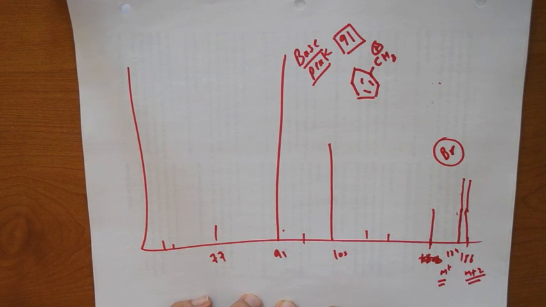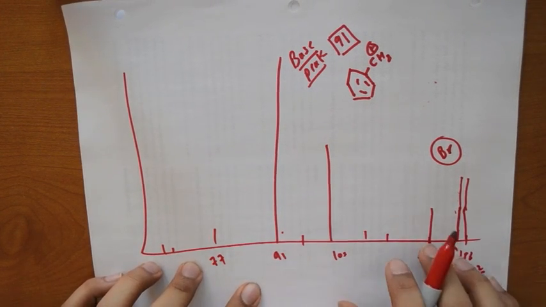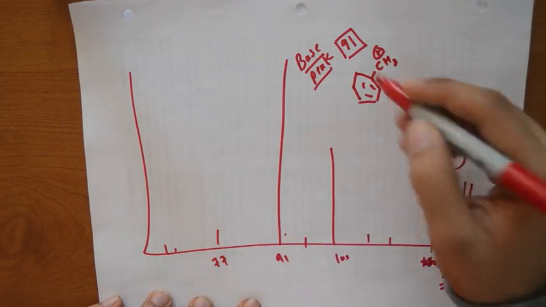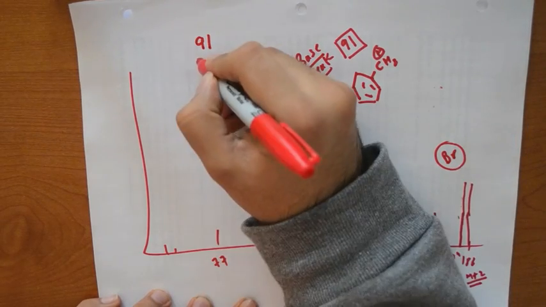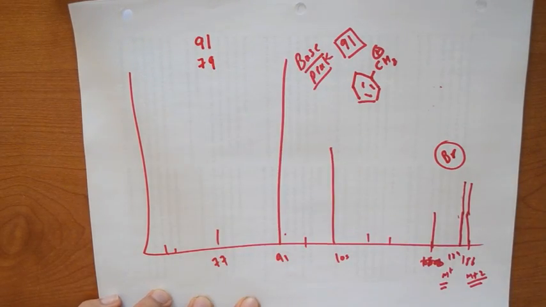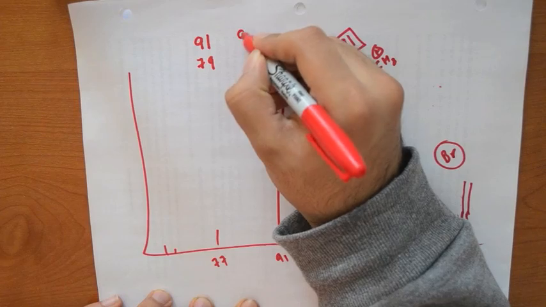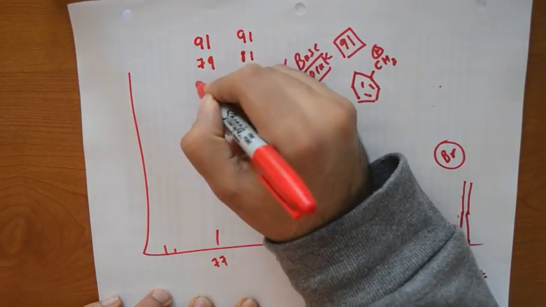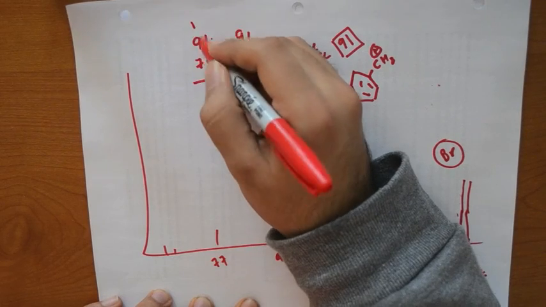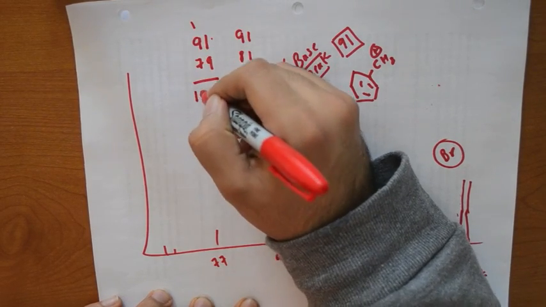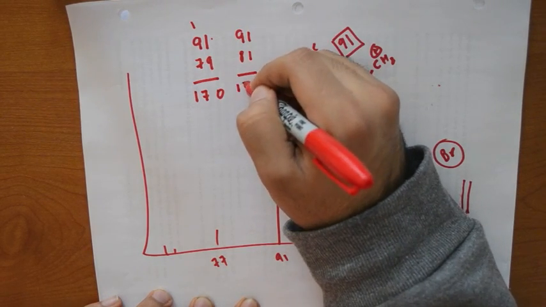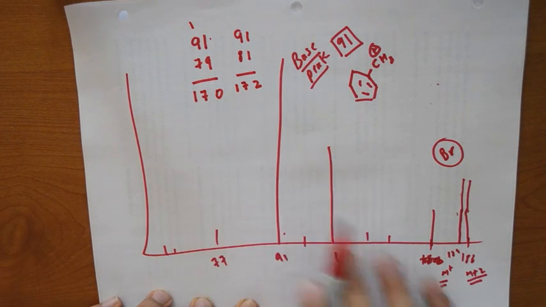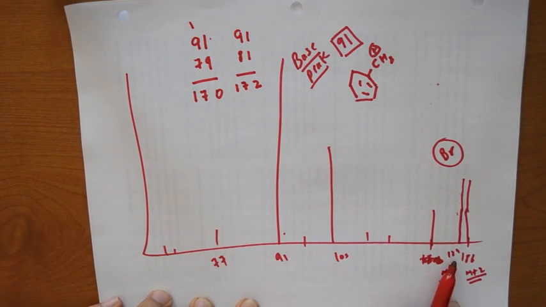Now, the one simple trick that I'd like to share with my students, and I'll share with you guys, is that you just try to add the numbers. We got 91 and one form of, let's say, 79 for Br. It could be 81 if you want to use the other isotope. It's perfectly fine, so we can do both ways. If you add them up, you get 170 here, or 172 here. So you take 170 and subtract it from your original mass, which is 184.